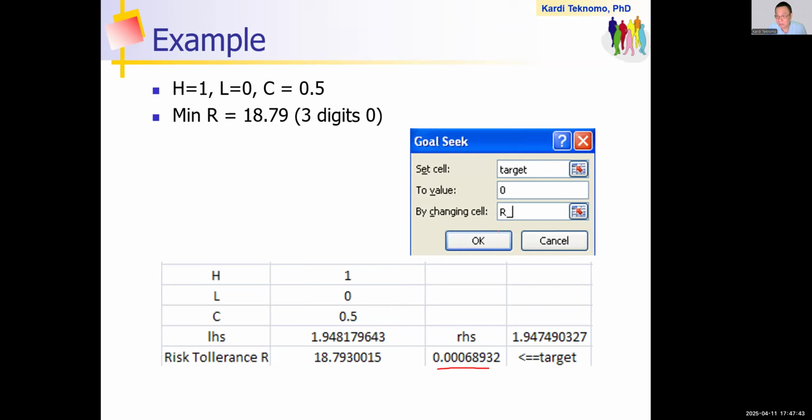Set this target cell to 0 by changing R, and then you will get the value of R. Can you try this in your Excel? Did you get the same number, about this number?